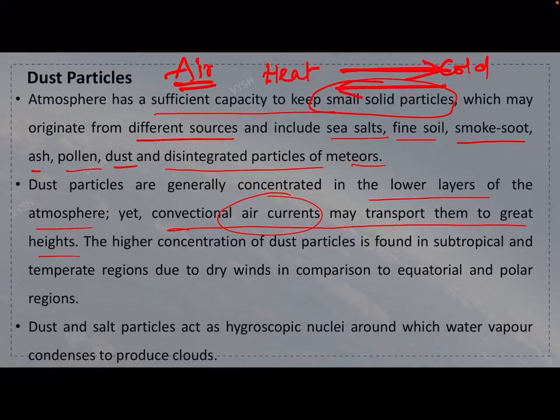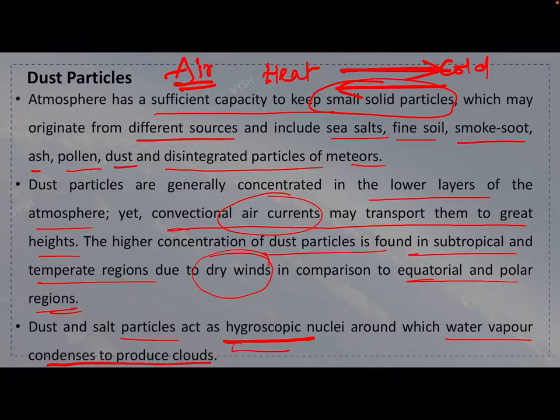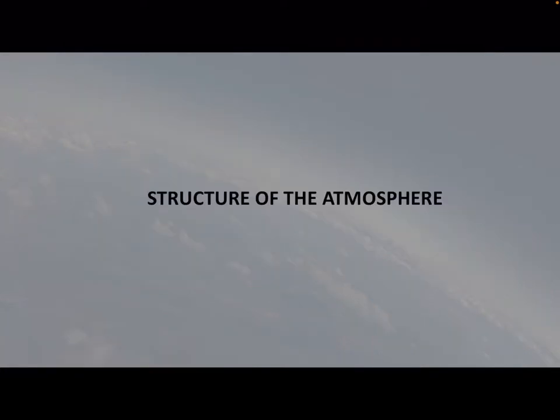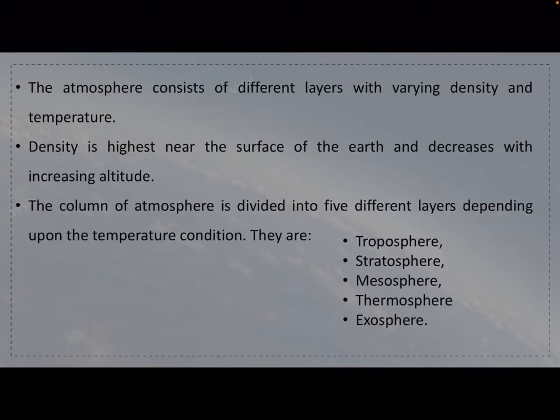This is what an air current is basically. The higher concentration of dust particles is found in subtropical and temperate regions due to dry winds, in comparison to equatorial and polar regions. Dust and salt particles act as hygroscopic nuclei around which water vapor condenses to produce clouds. Okay, so we will see the structure of the atmosphere now.